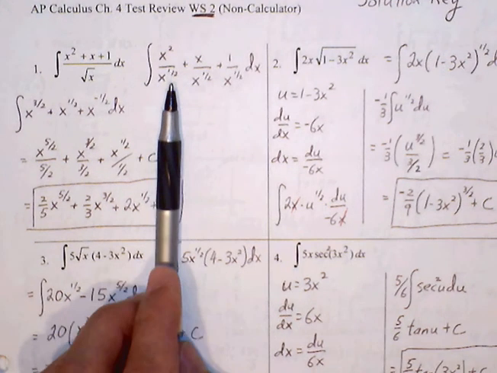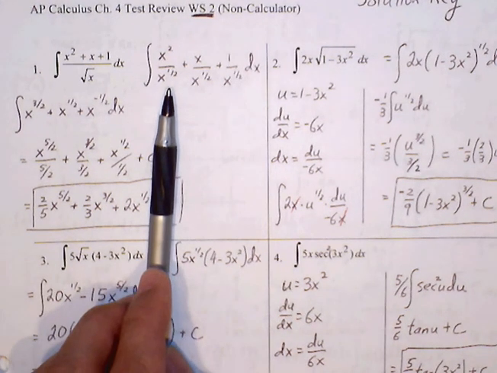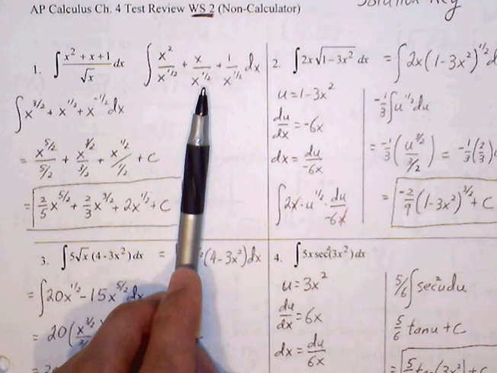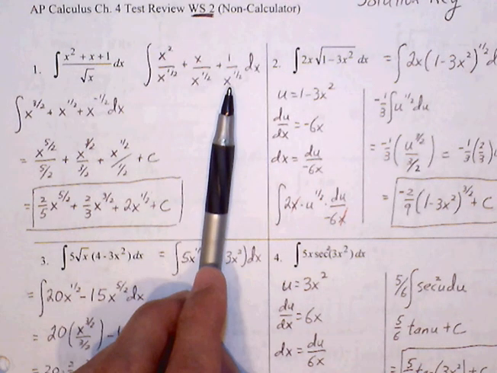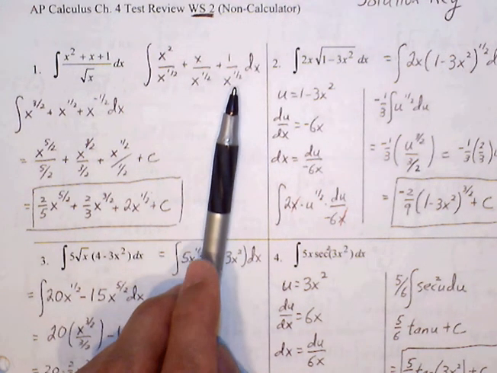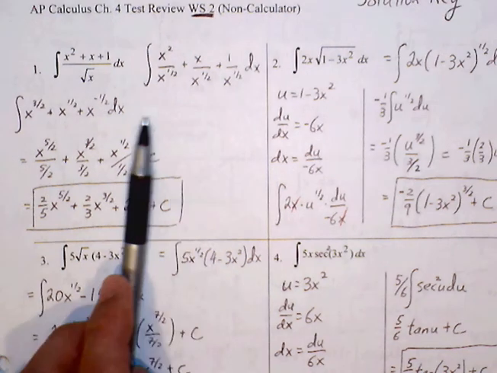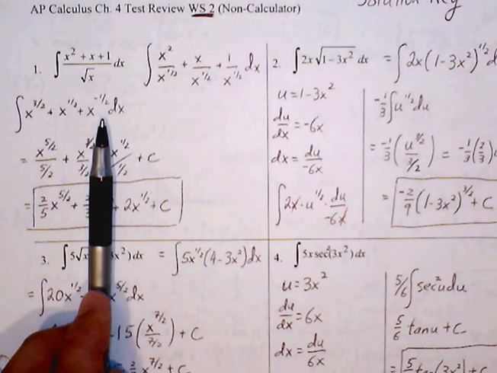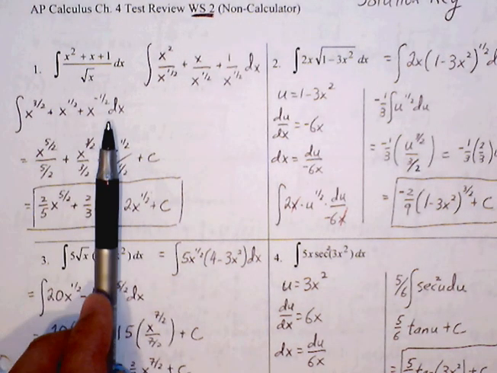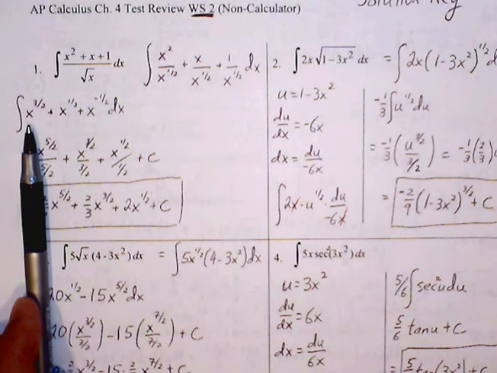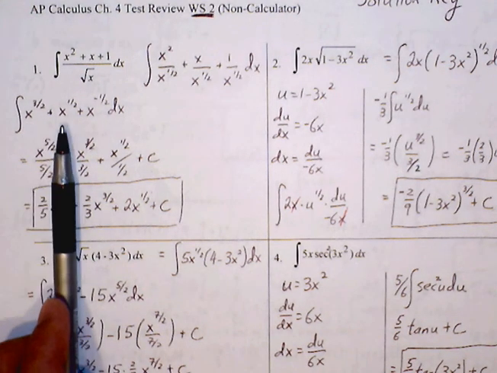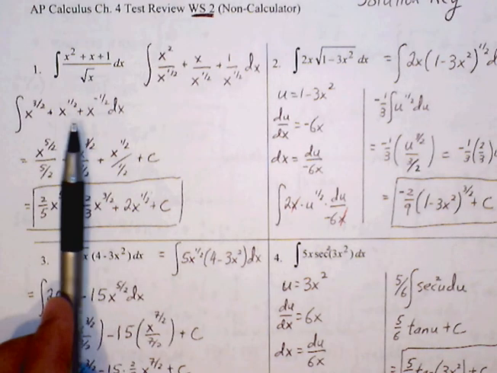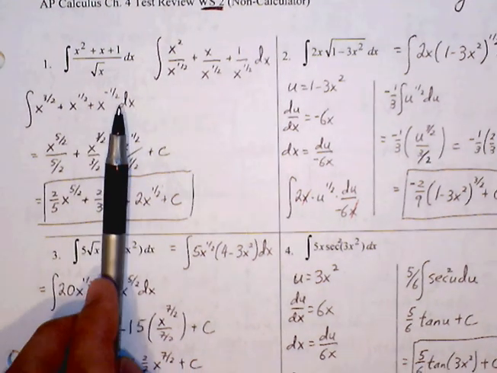So 2 minus 1/2 is 3/2. 1 minus 1/2 is 1/2. And then this x, we want to bring this up to the top. We don't want this x in the denominator, so it simply changes to x to the negative 1/2. So now we have each term separated by plus or minus, no parentheses, all the variables in the numerator, and everything represented as rational exponents.